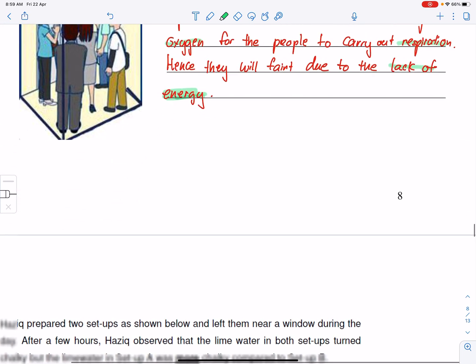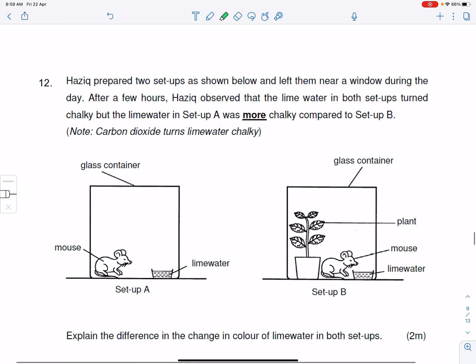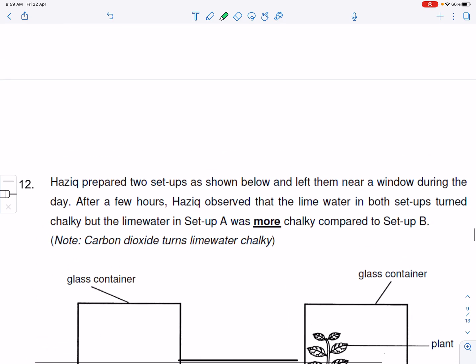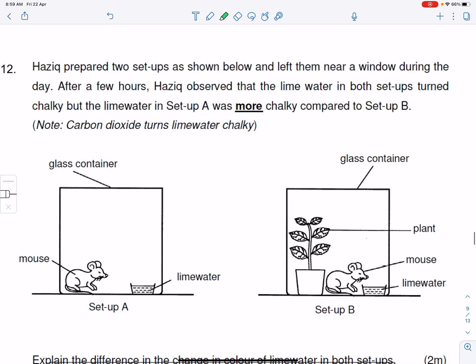Next question. Now this question, most of you have managed to catch some important point, but you also left out a very important point. I'm gonna explain to you.